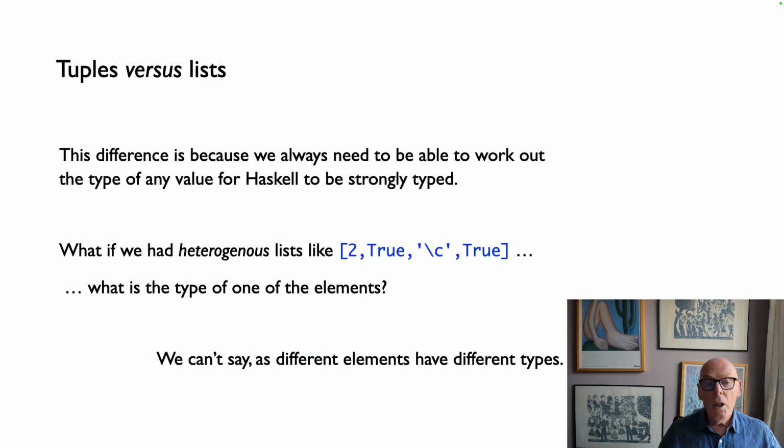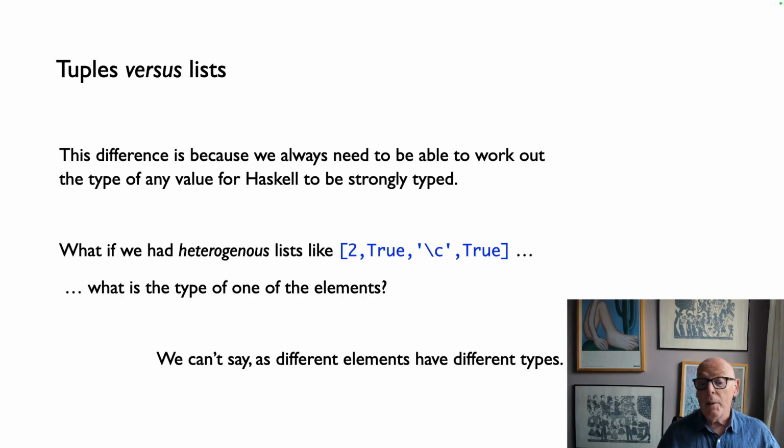Now you might ask, why is it that we can't have heterogeneous lists, like a list where the first element is the number 2, the second element is true, the third element is the character c, and the fourth element is true? Well, why is this a problem? The problem is this: if we were to choose a random element from that list, which we could do, lists, remember, are collections, we've lumped them all together, and so if we chose the first element, we get something which was an integer.